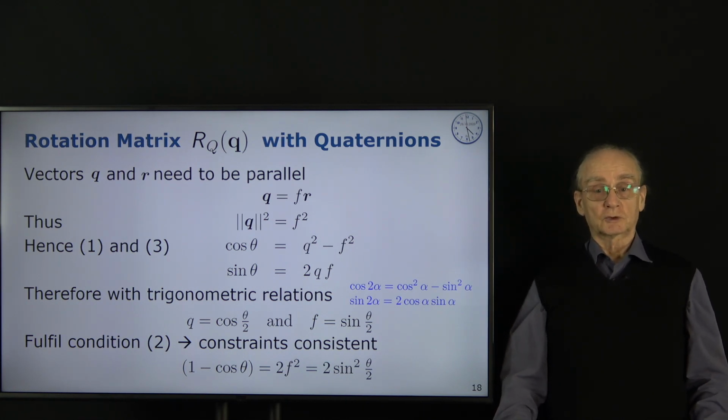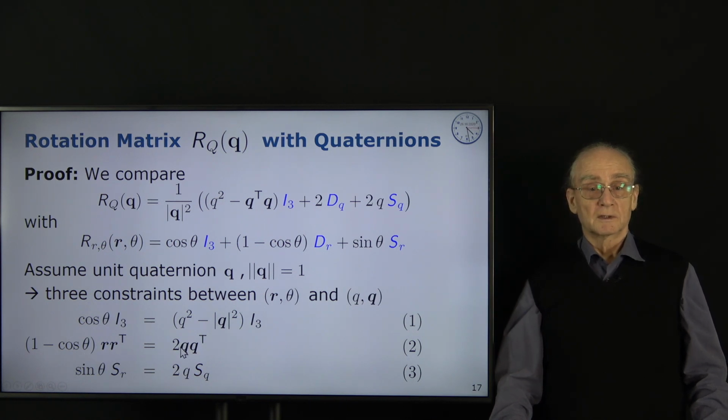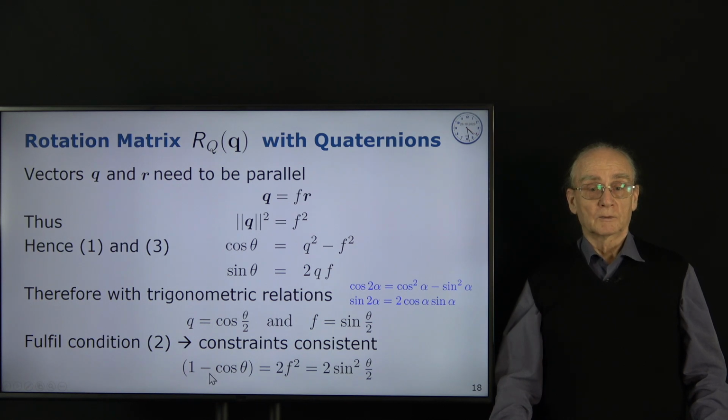So we have to be sure that also the third equation is fine. So what we didn't use is this equation. So this is 1 minus cosine theta is r transposed, and this is 2 times f square. So we have here 1 minus cosine is 2 times f square, and this is 2 times sine theta divided by 2, which is fine.